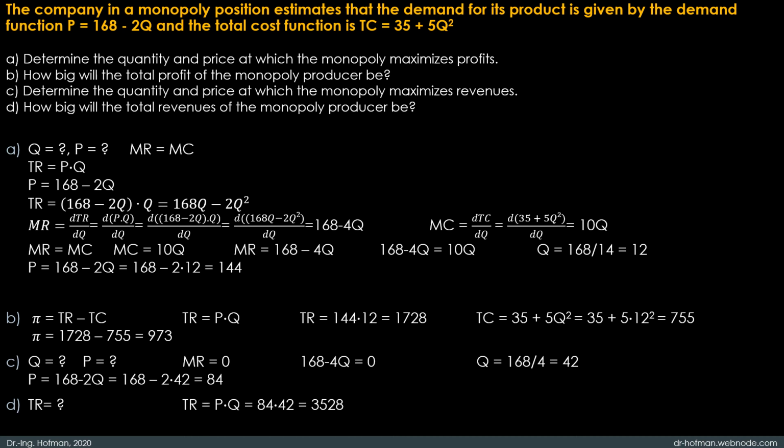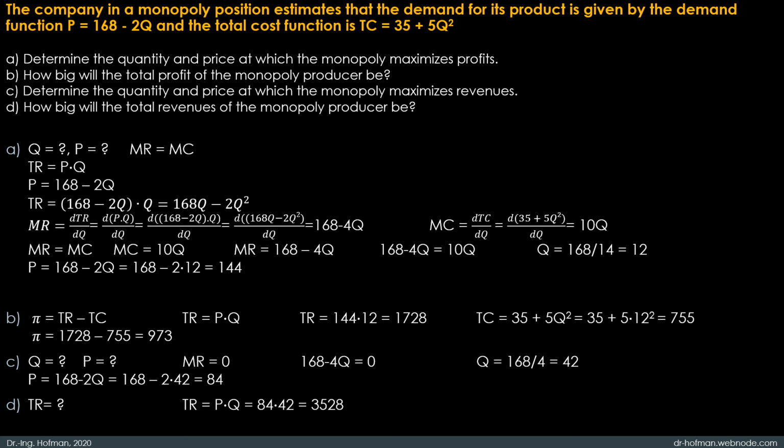We also, for profit calculation, need the total cost, which is 35 plus 5Q squared, which was given as a function. For Q, which was 12, we calculate 35 plus 5 times 12 squared, which is 755. Profit is then the subtraction of these two numbers, 1728 minus 755 equals 973. This is the profit.